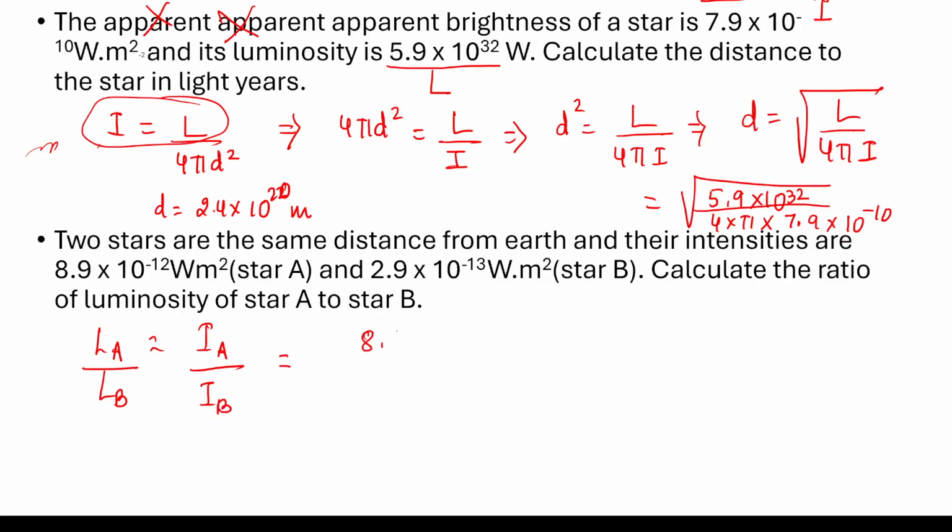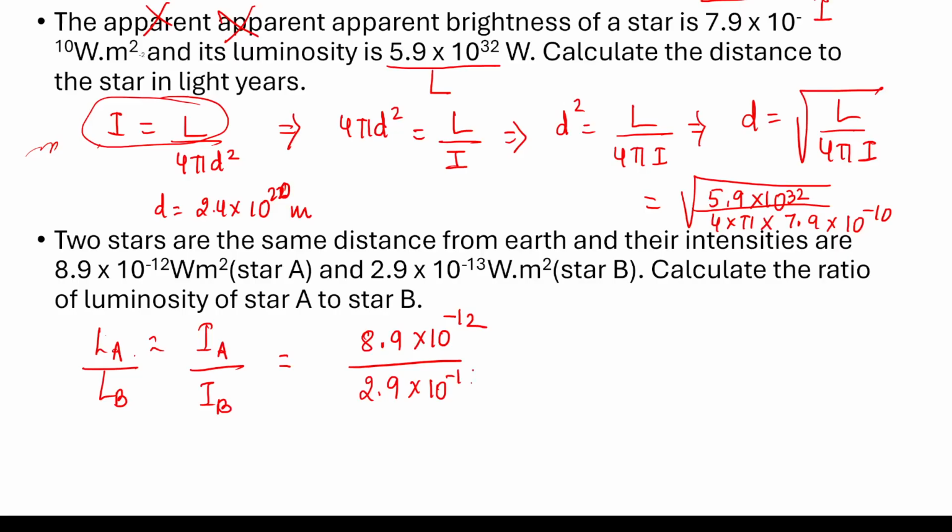This is one of the common mistakes A-level students make: you do not write in the right order. You'll write A over B and then you will write B over A. So make sure you write the symbols to tell your mind whose luminosity you're writing first, and then plug in the values. Go back to the formula, see whether it's directly related or inversely related, and then just plug in the values.